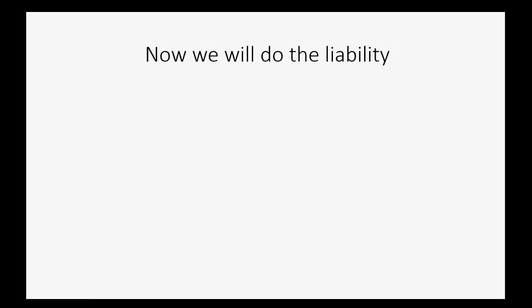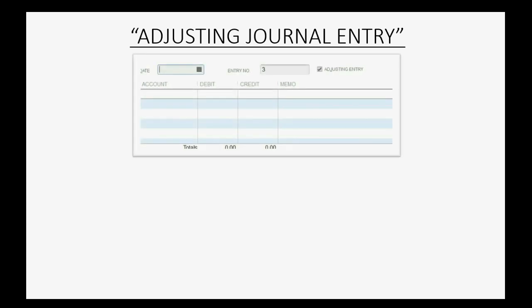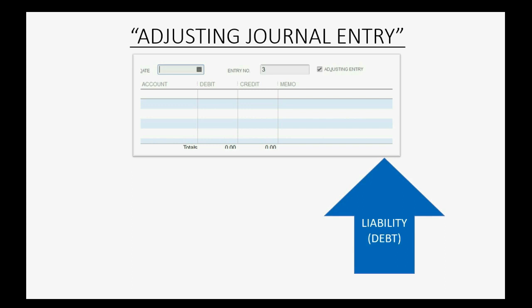Now we will do the liability. Again, for a liability that you're adding after you started your QuickBooks records, you would still make an adjusting journal entry. The liability on your books and records will increase, but your net worth will decrease.